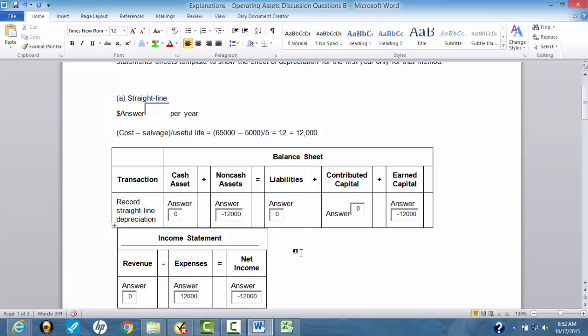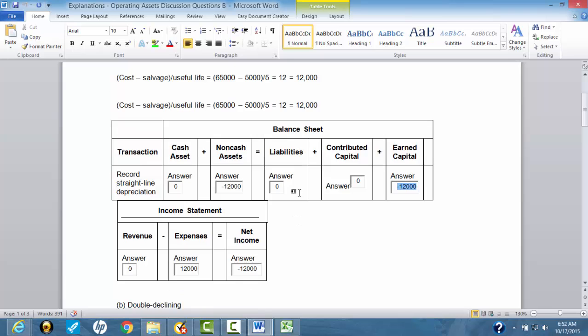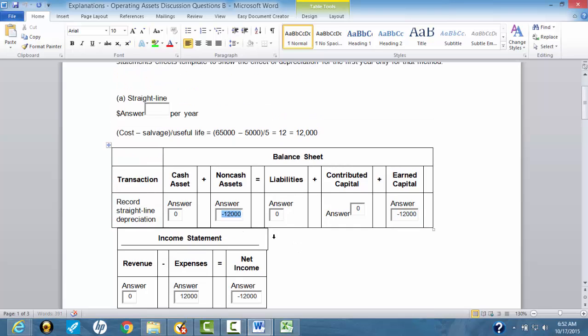The 12,000 is an expense which reduces net income, reduces earned capital. And then on the non-cash asset side, recall that the depreciation reduces the value of the asset by 12,000. So the accounting equation is balanced. Left hand side reduces by 12,000, right hand side by the same amount, 12,000.